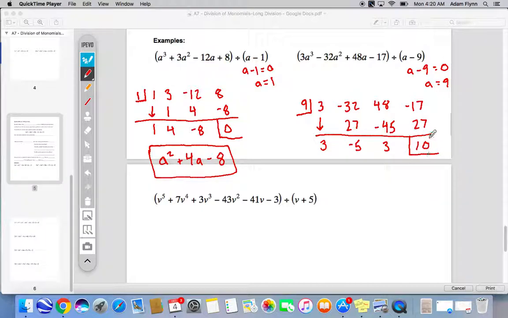So this means I have a remainder of 10. So I can rewrite my answer as 3a squared minus 5a plus 3. And just like I did with long division, I can just put that 10 over my divisor, a minus 9.